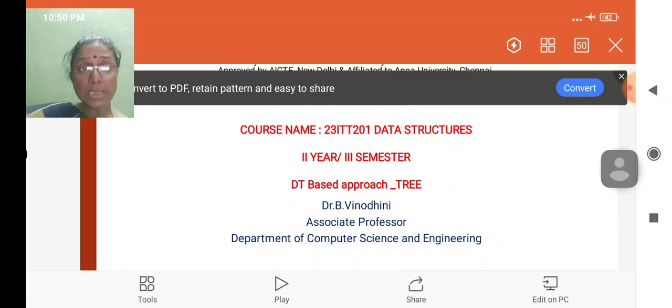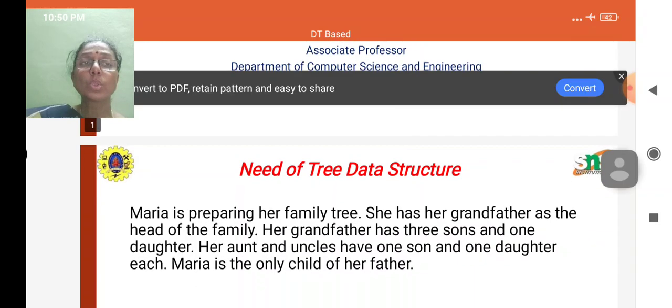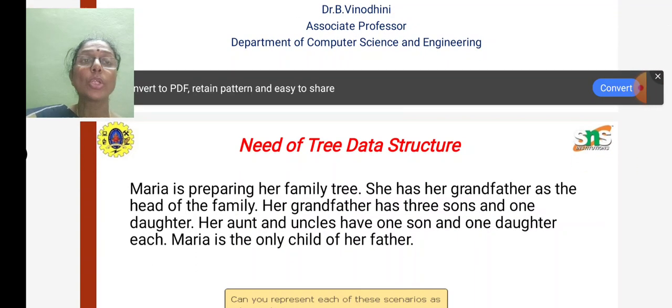In data structures we have several types. One is linear and the other non-linear, and based upon the application we can select the data structure. In the last video we saw the stack and queue data structures, but today I will explain one scenario to find out which data structure we are going to use.